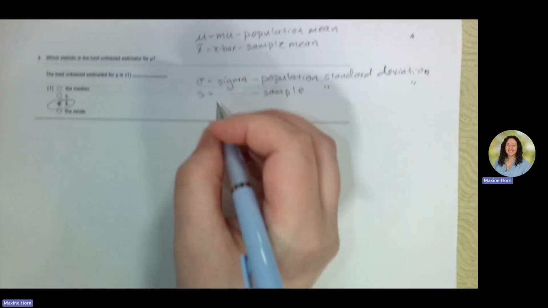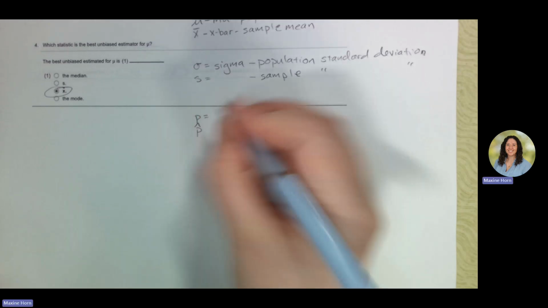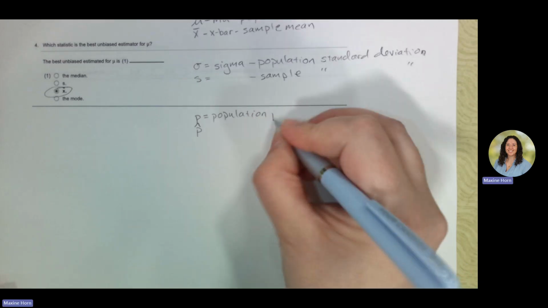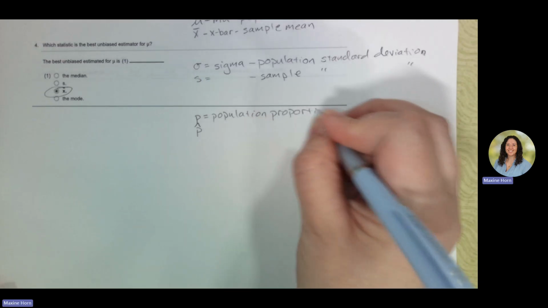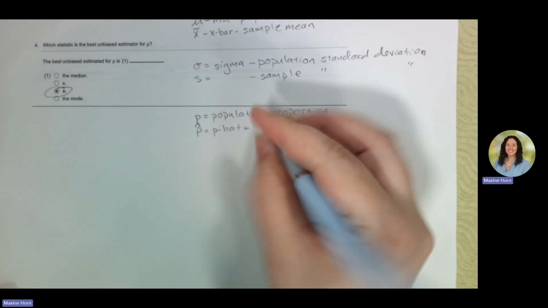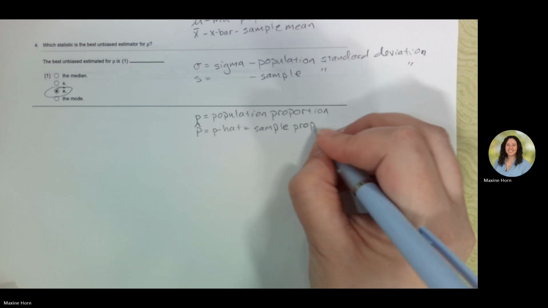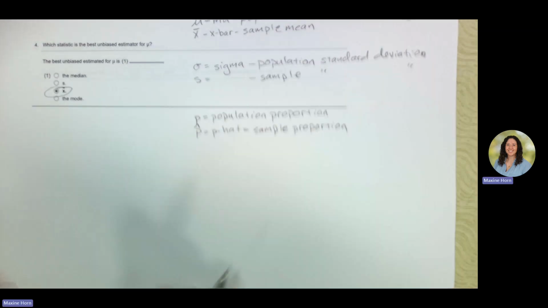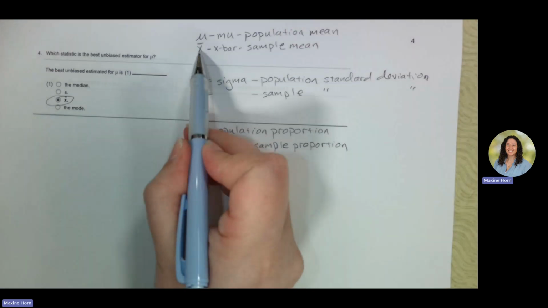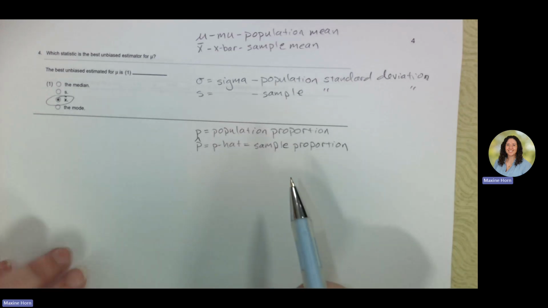And then your P and your P hat: P is your population proportion, and P hat is your sample proportion. So you want to make sure that you've got those symbols straight. This is the best unbiased estimator for this, and this is the best unbiased estimator for that.